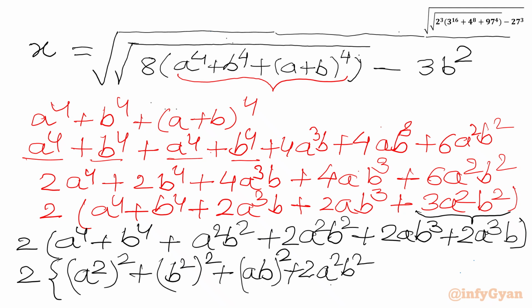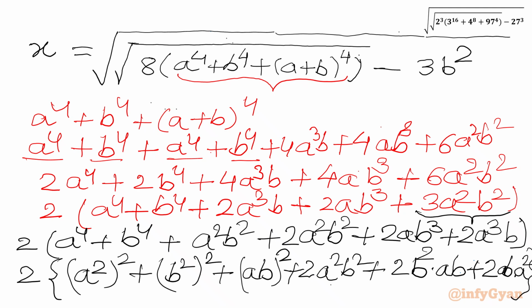This is one algebraic formula. A plus b plus c whole square is equal to a square plus b square plus c square plus 2ab plus 2bc plus 2ca. You can see plus 2b square times ab. So in total this is 2ab cube plus 2 times ab times a square, which is 2a cube b.